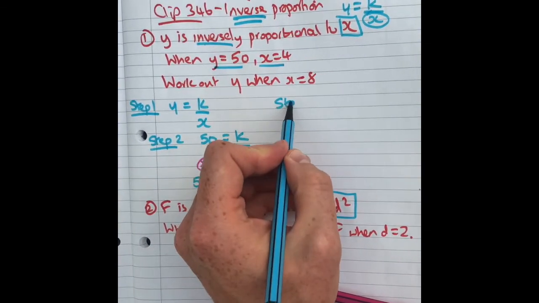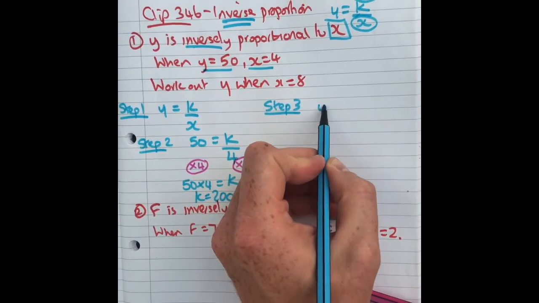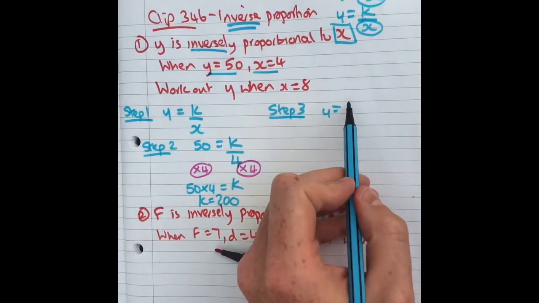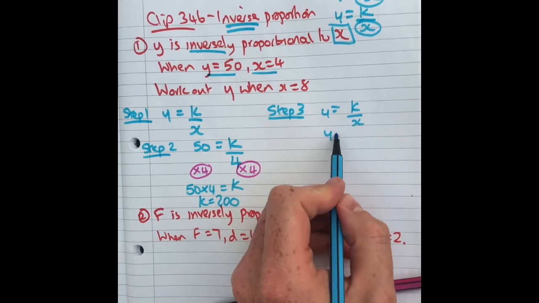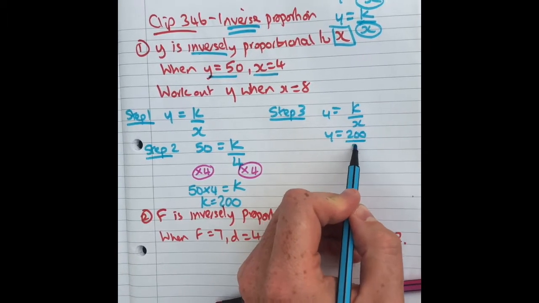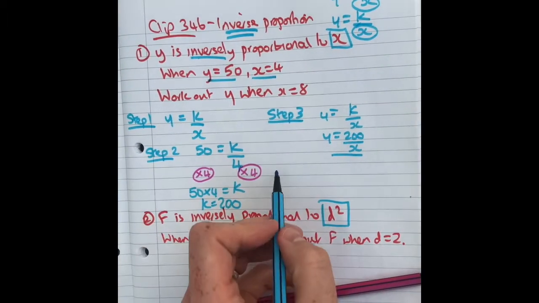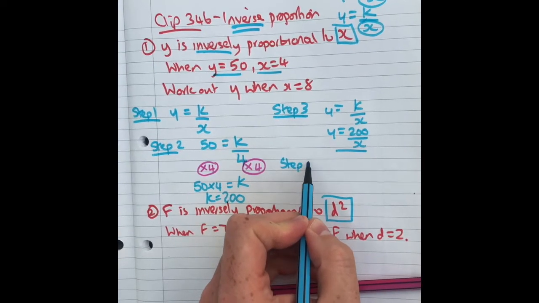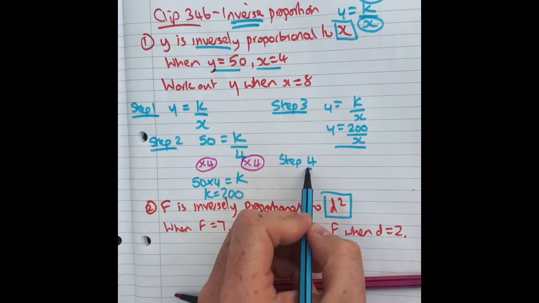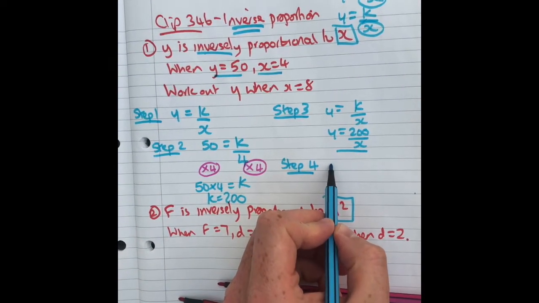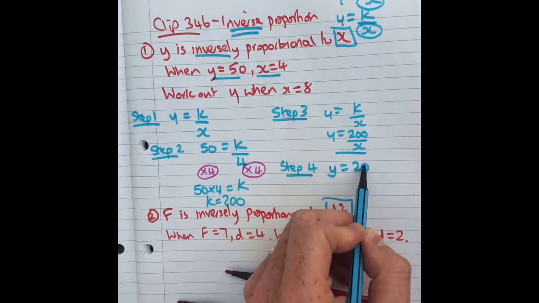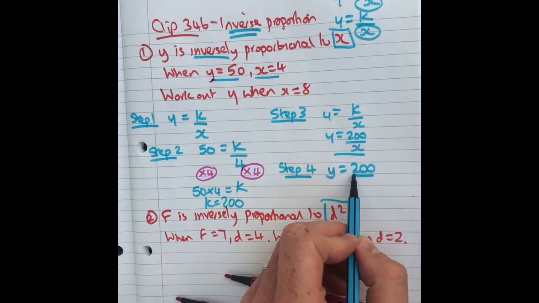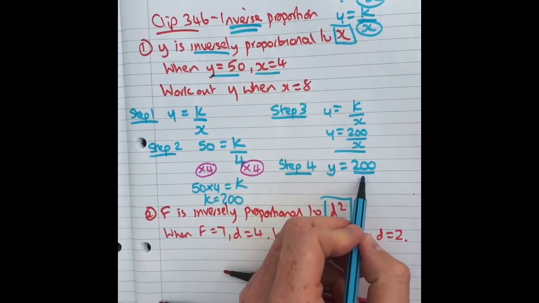So step 3 is to write the formula out. Y equals k over x. Well, we now know y equals 200 over x. So then for step 4, using the other number that we're given in the question, y equals 200, which is k, over, what's it given us as x? 8.